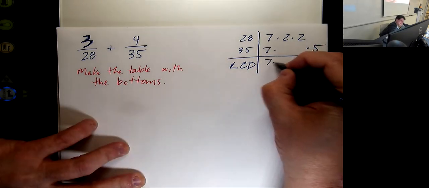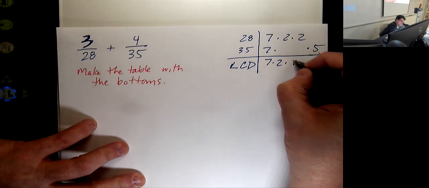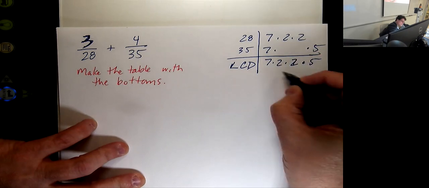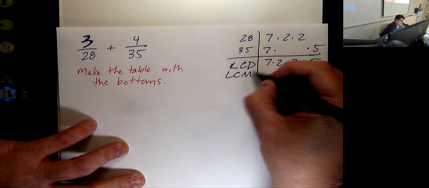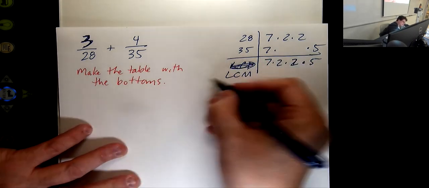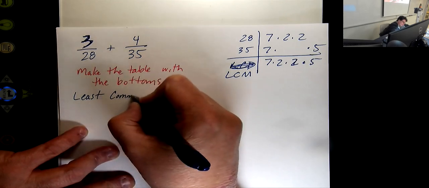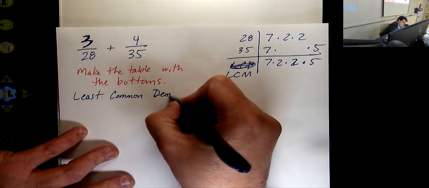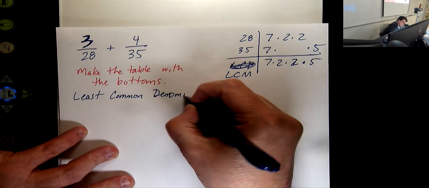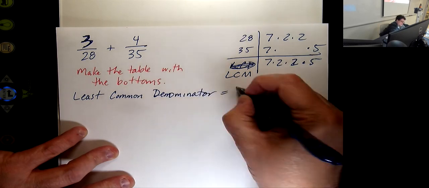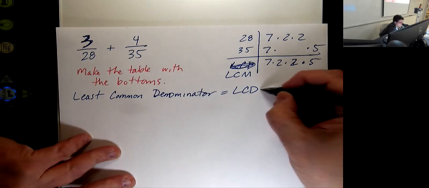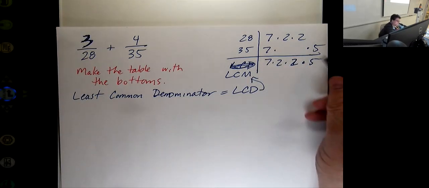So we said the lowest common denominator was this. Or at least we said LCM. When we're doing fractions, it's called the least common denominator. But LCD and LCM technically mean the same thing if you're only looking at the bottom number. LCD is really just saying do the LCM of the bottoms.